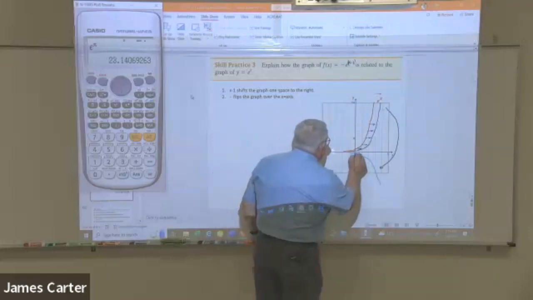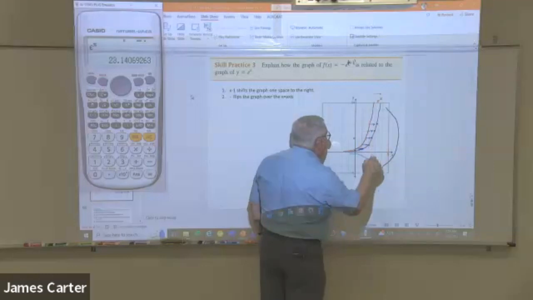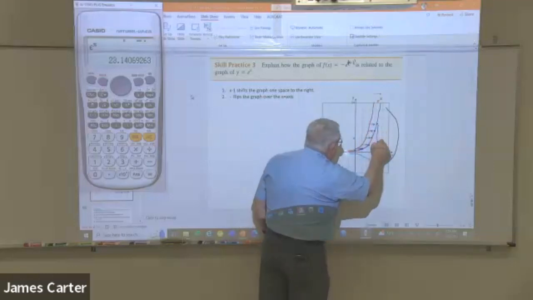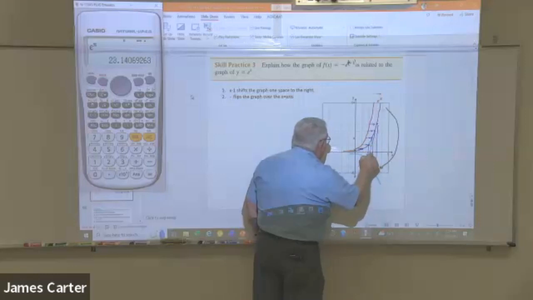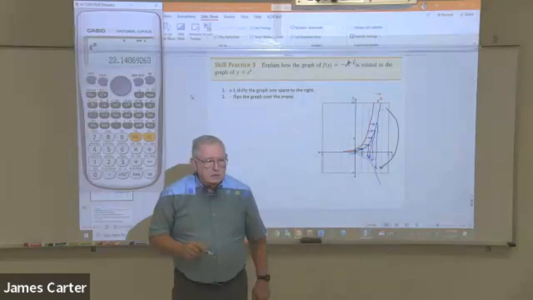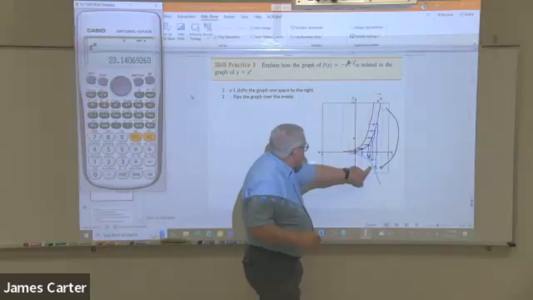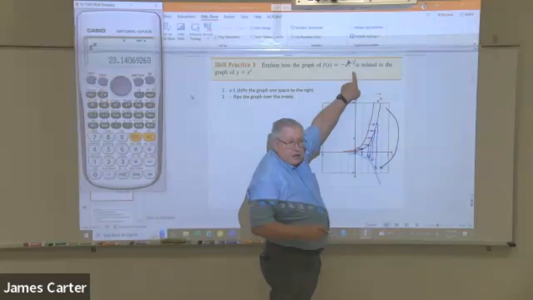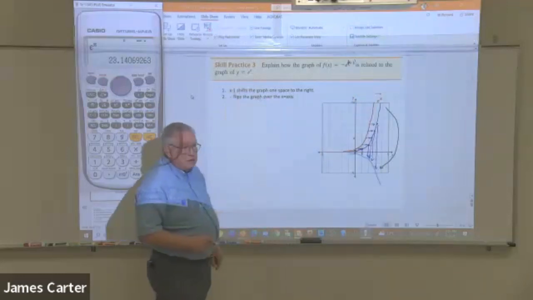So then we take these points on this modified one, and we flip their y values and bring them down here. Like so. Okay. So this is our final graph of that. And that's how it compares to this.